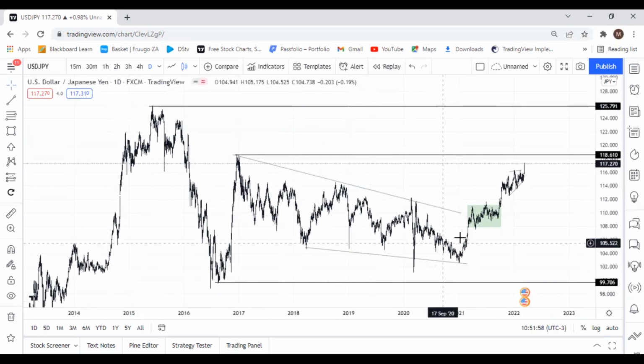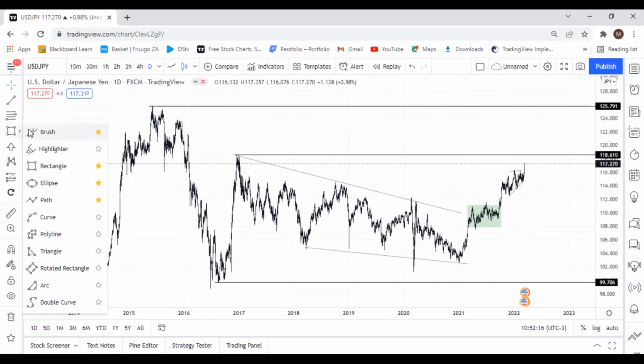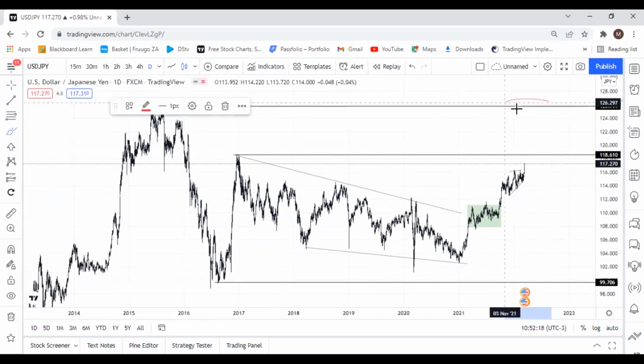So chances that this double top, possible double top, can be disregarded and the price could break this 90% zone and keep buying until it reaches the final highest high. So it can just keep doing this.